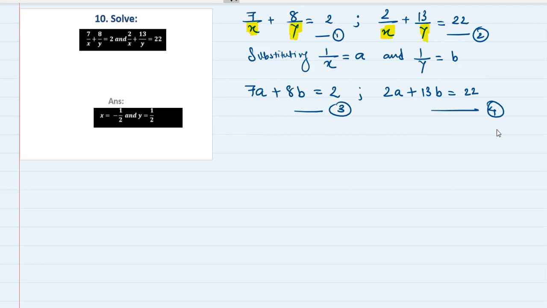Now, the question is, which method will I use for solving these two equations? See, I can use any method. I can use substitution, I can use equating coefficients, or I can use cross multiplication. If I remembered the formula for cross multiplication, I would have chosen that method. But since I don't remember the formula, I'm not good at memorizing things.